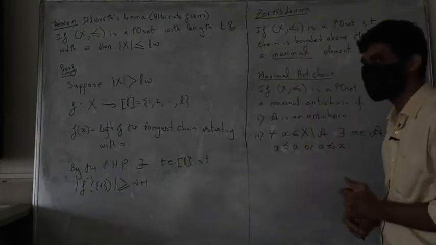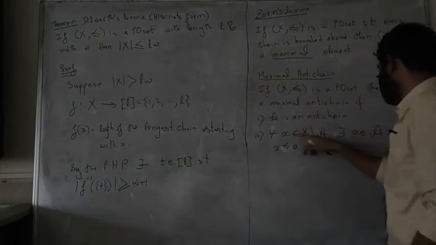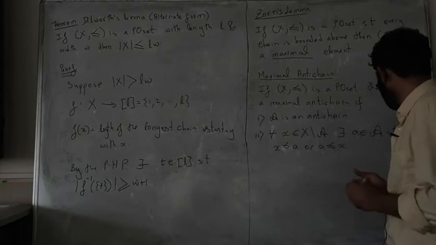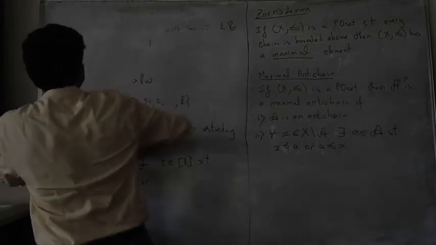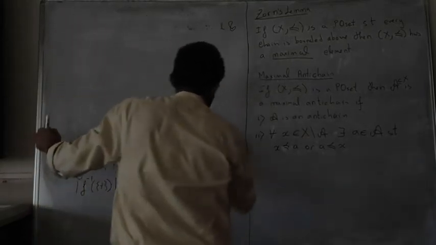The relation from either side, comparable, I should have used that word, okay. So x is comparable with a. This is a maximal anti-chain.